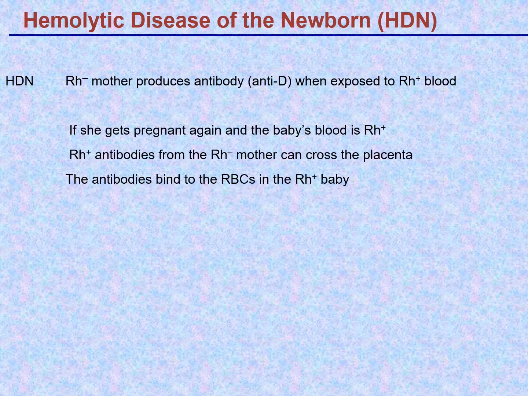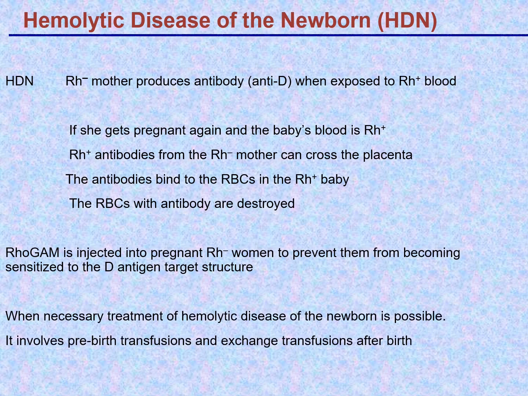Hemolytic disease of the newborn is a situation that occurs in an Rh negative mother who is negative for big D antigen. If they get exposed to Rh positive blood, in other words big D positive blood, they will form the anti-big D antibody. This occurs if the Rh negative mother becomes pregnant and the father was Rh positive.